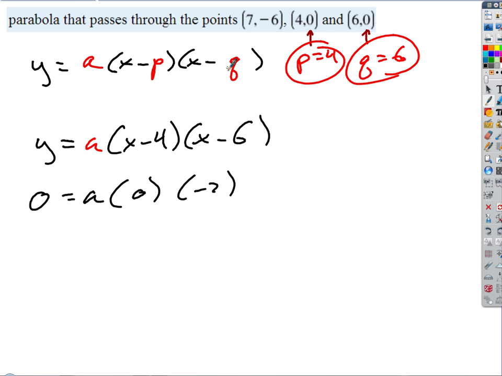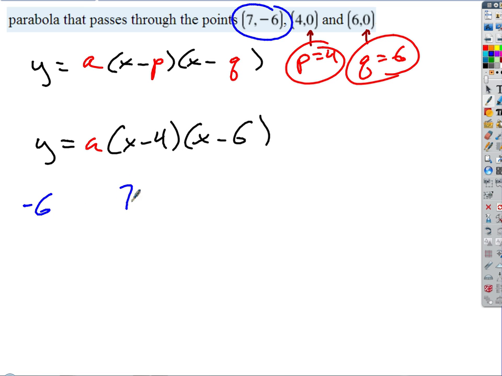All we'd have to do to finish this up is take these coordinates, plug those in for x and y, so -6 would go in for y, 7 would go in for x, and we would end up with -6 equals a times 7 minus 4 times 7 minus 6, right?